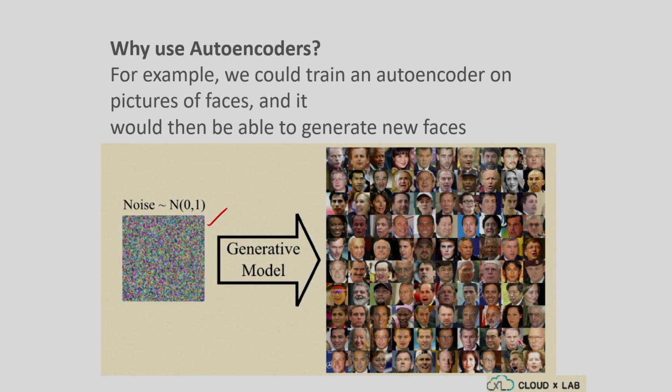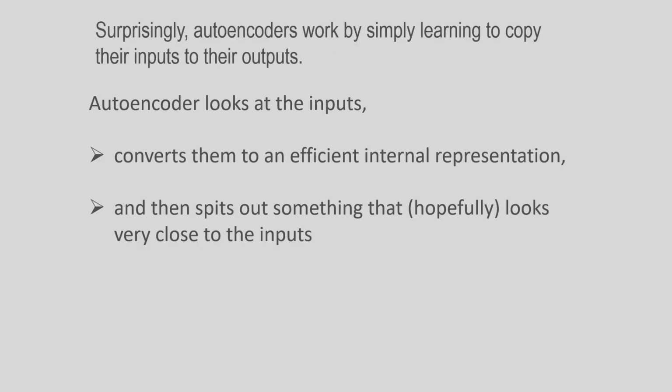So this autoencoder will be able to generate new faces that I have shown in this figure. So that is one application of autoencoder. Now surprisingly, autoencoders work by simply learning to copy their inputs to their output. Then what is the importance of autoencoder?